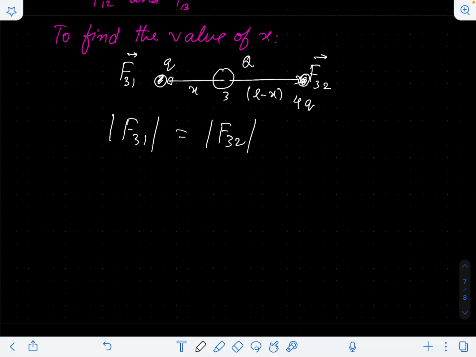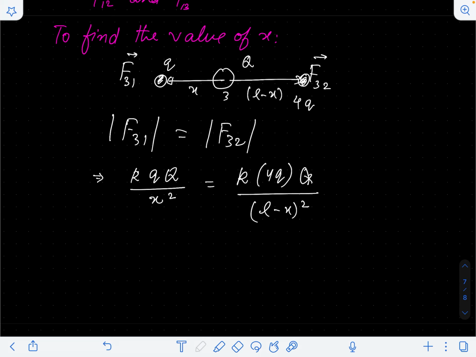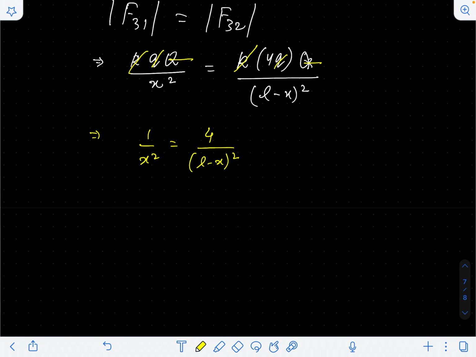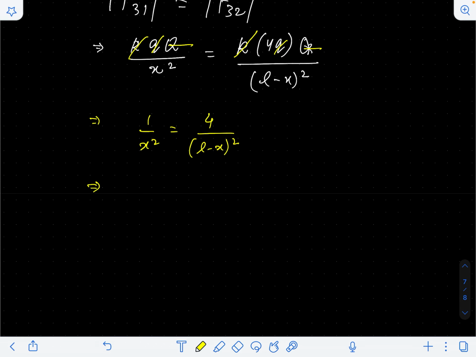So we can write k q Q divided by x square equals k 4q Q divided by (L minus x) square. Here the k and q cancel, and the capital Q cancels as well. So the next step is 1 upon x square equals 4 upon (L minus x) square. From here we need to calculate the value of x.